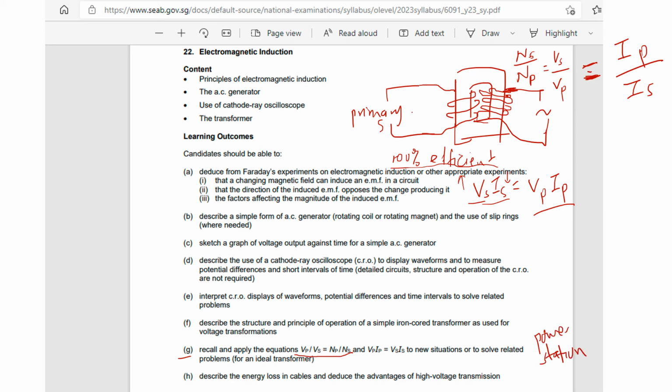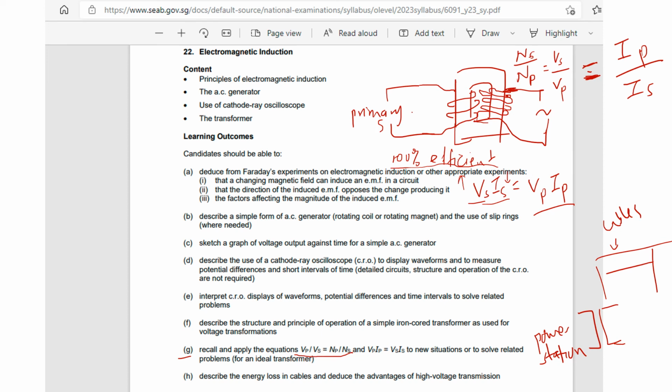At power stations, before the electricity leaves and gets transmitted in those cables, it is actually stepped up to very high voltage. The reason why we step up to high voltage is because the higher the voltage, the lower the current, and therefore there is less energy loss to heat.